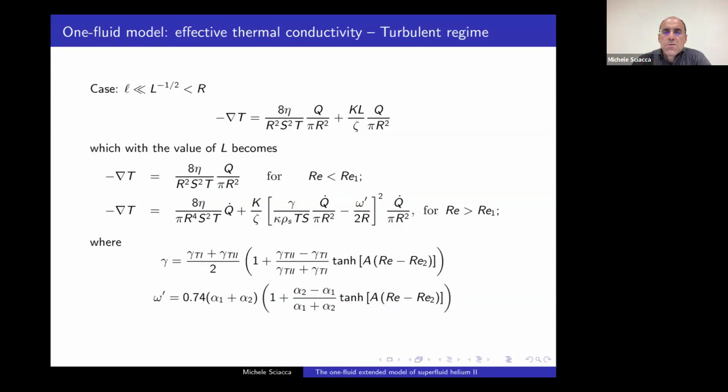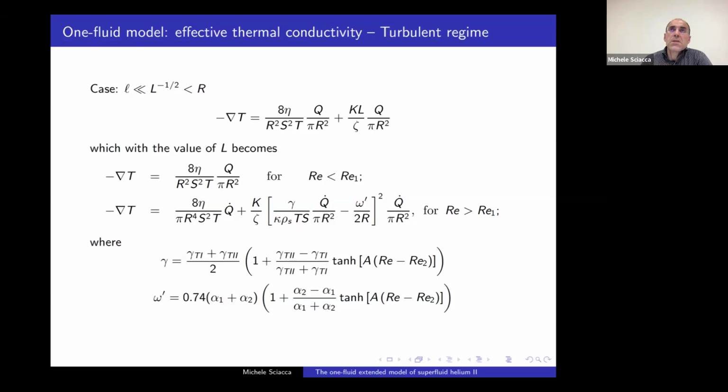So this slide was just to give a panoramic vision that using the one-fluid model, we are able to describe all the three situations we saw in the experiments, namely the Landau regime, which means the mean free path is small compared to the radius of the channel, in the absence of quantized vortices.